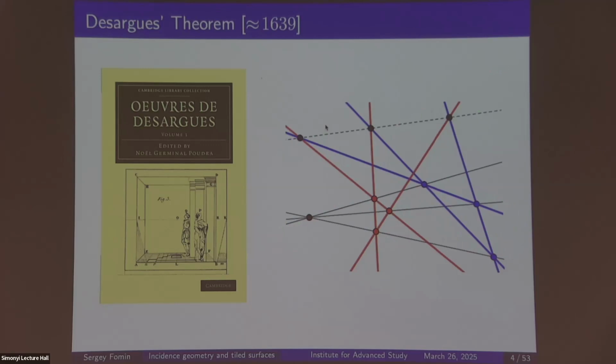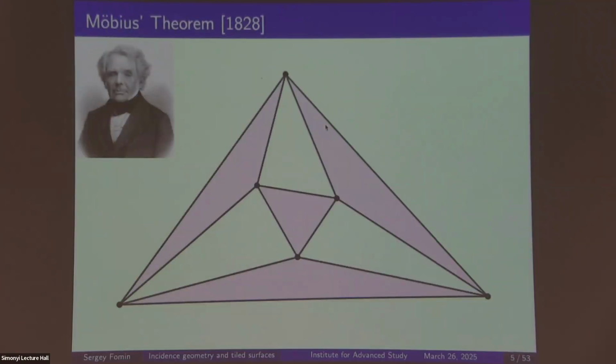I presume most of you have seen it before, but of course, theorems like this also occur in other dimensions. And in dimension 3, the most basic, like the first non-trivial result of linear incidence geometry is perhaps not as well known. That's a theorem of Möbius, nearly 200 years old. And what it says is the following. If you have 6 points in the space, right? Let's think of those 6 points. So these are arbitrary points. They don't have to be in convex position or anything.